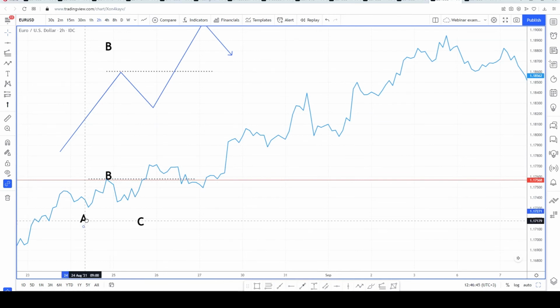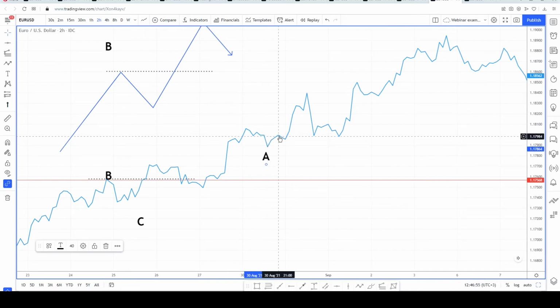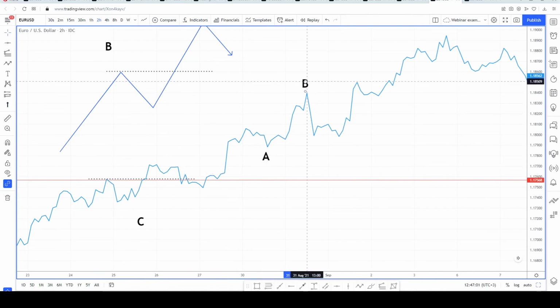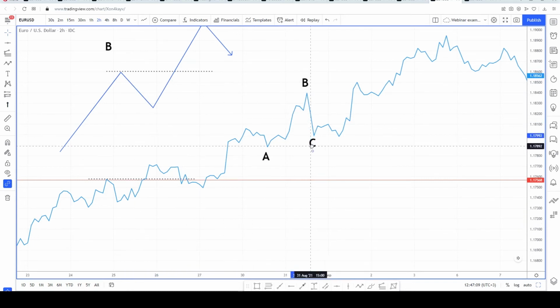Also, we can say that if you go here, you have a point A. When do you know this? When the market has started to move higher, then you know that there is a point A. Then the potential point B is there, and you know that when the market has started to move lower. Then the point C, is it there?